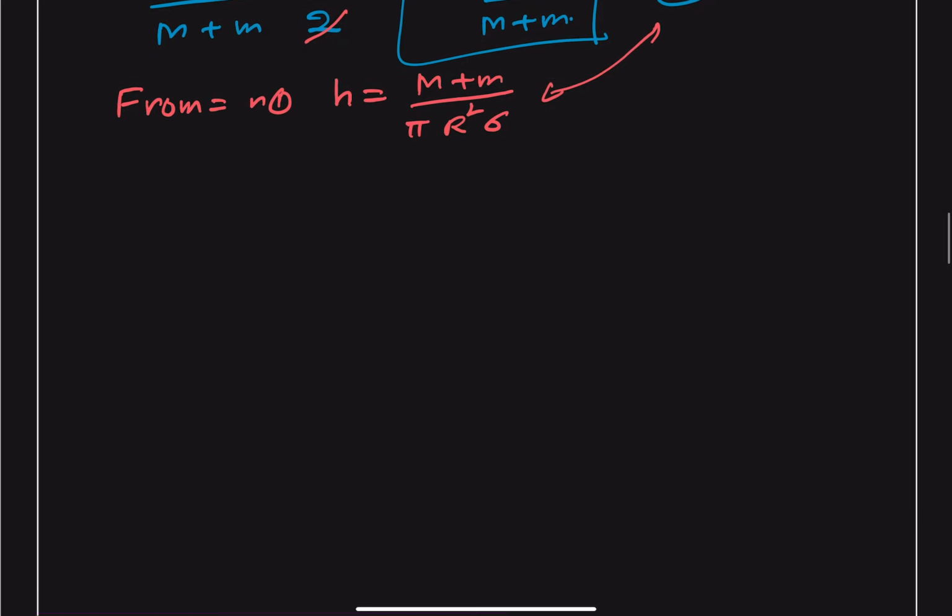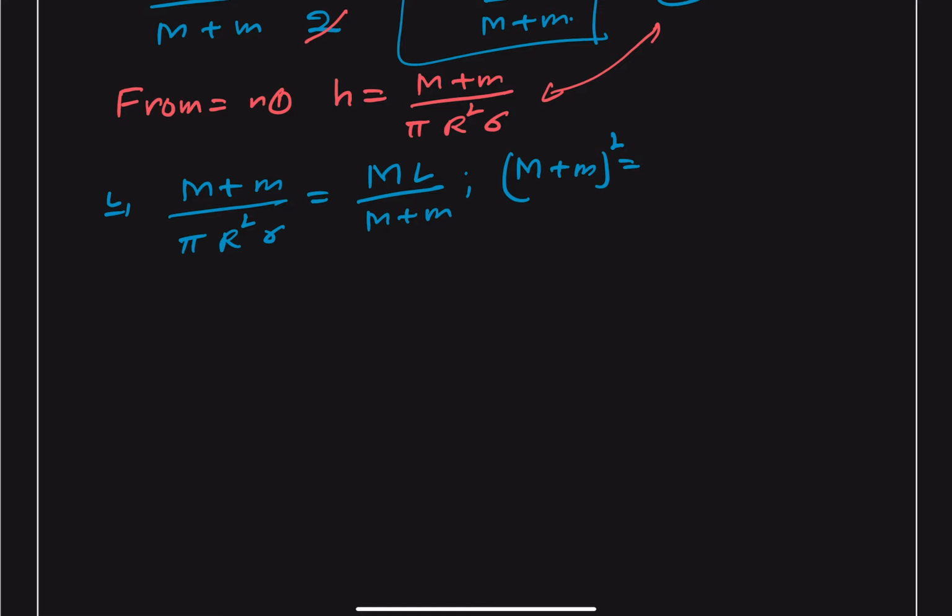Therefore we can say that M plus small m divided by pi r square sigma is equal to M L divided by M plus small m, and this can be written as M plus small m whole square is equal to M L by r square sigma.